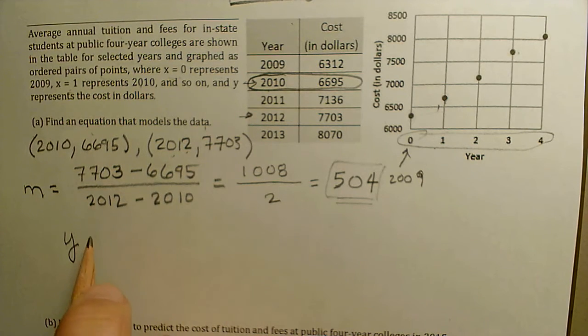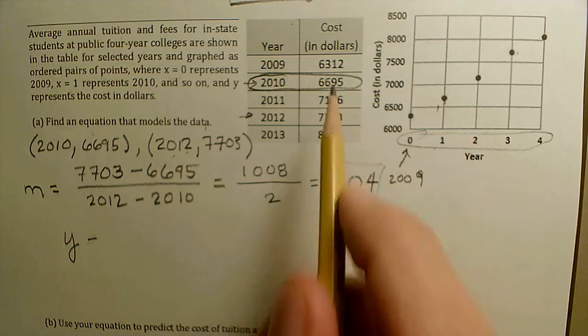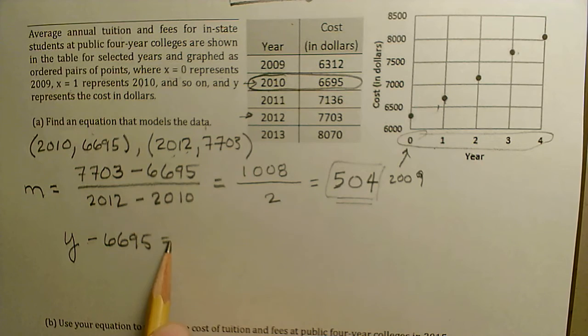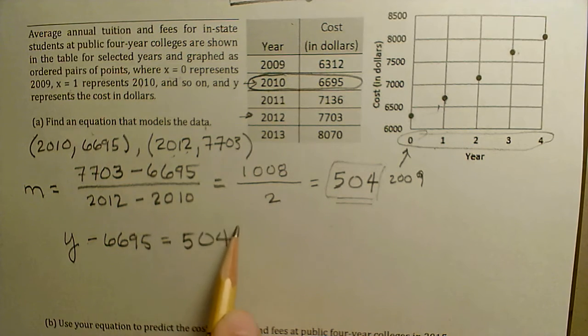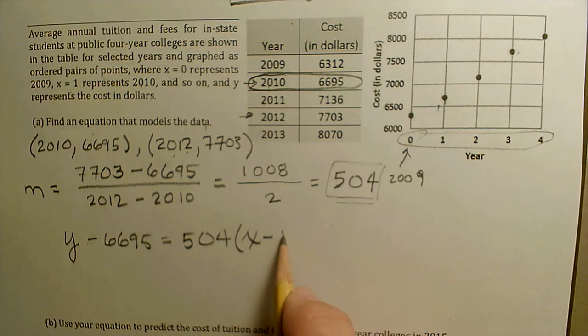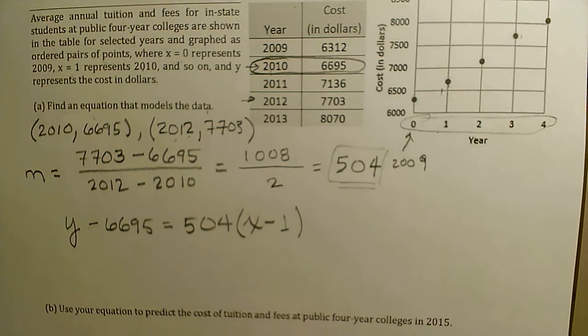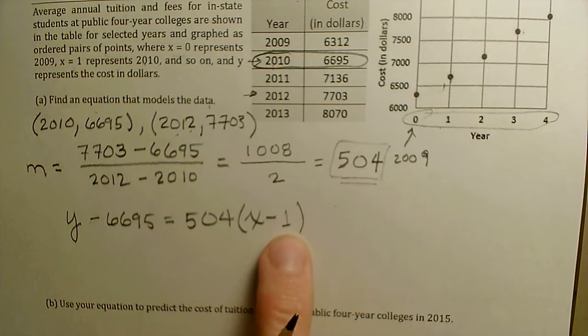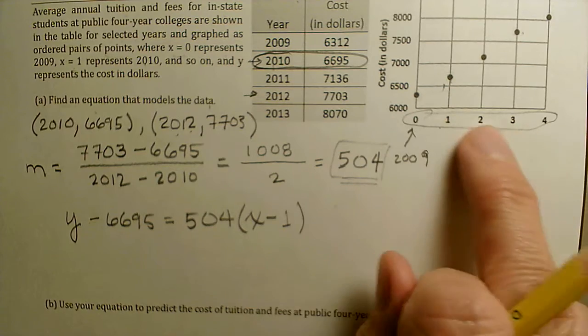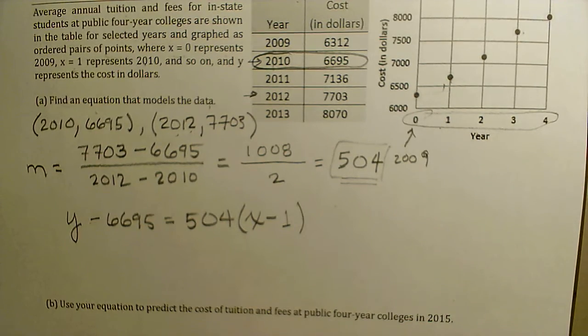So y minus the y value, 6,695, equals the slope 504 times x minus, and instead of 2010, I'm just going to put a 1 in there. But you might just as well put in 2010. It just depends on whether you want to use as your x values the actual year, or how we've converted it just to make the graphs a little bit simpler.